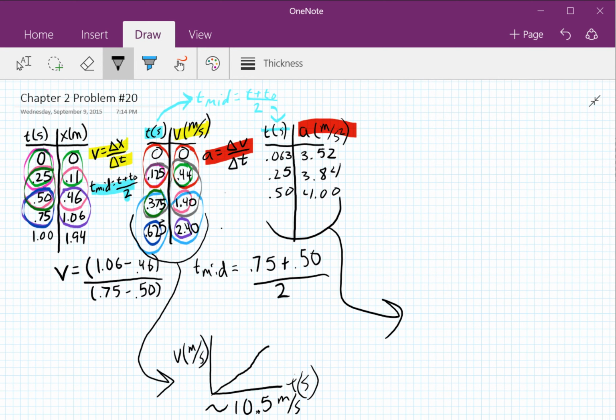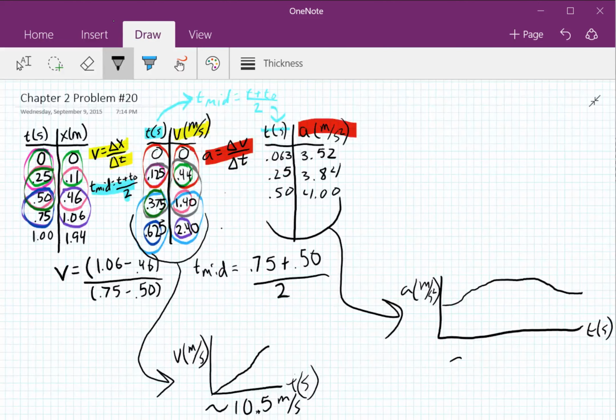Again, you don't have to draw these arrows I'm drawing, that's just for you guys to follow where I'm drawing it. So you have acceleration versus time, so this is going to be time. Then you have your acceleration in meters per second squared. It sort of starts here and goes up, and then it comes flat, and then it goes back down. Okay, you should have an average of roughly 5.3 meters per second squared.